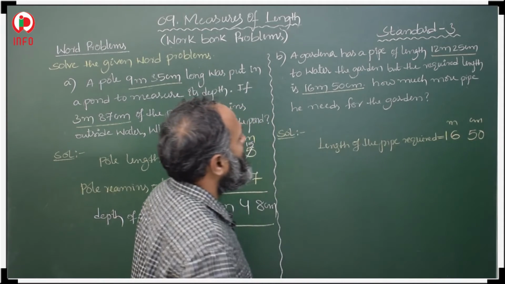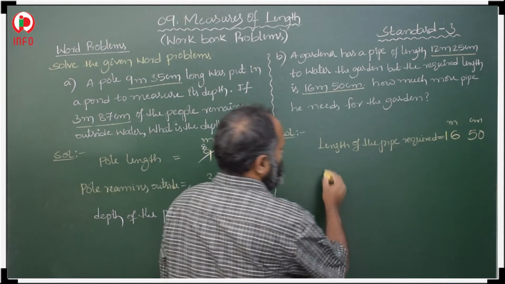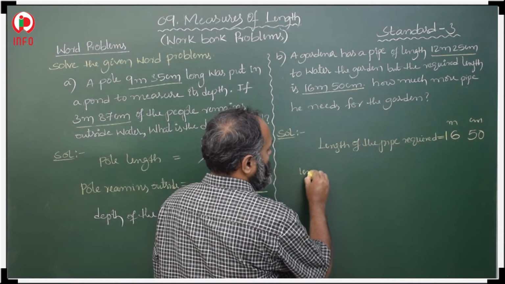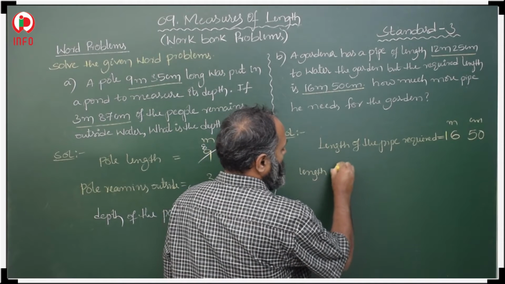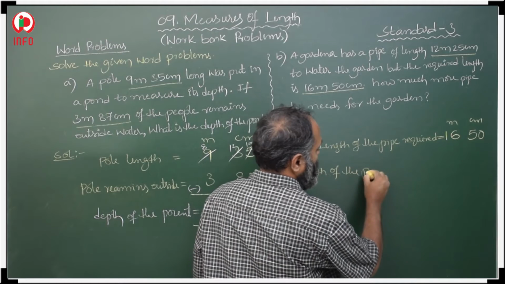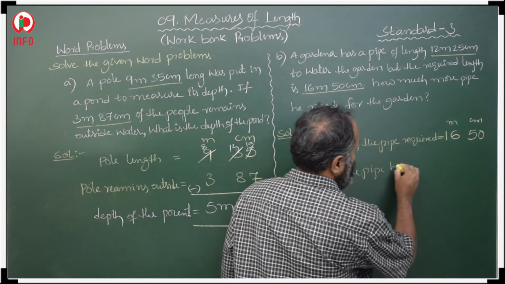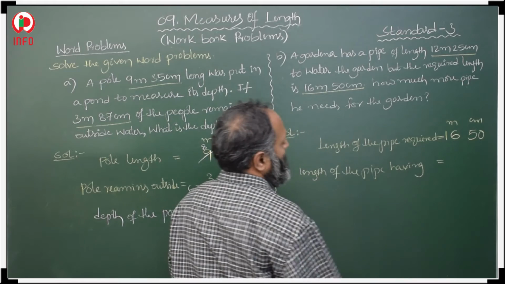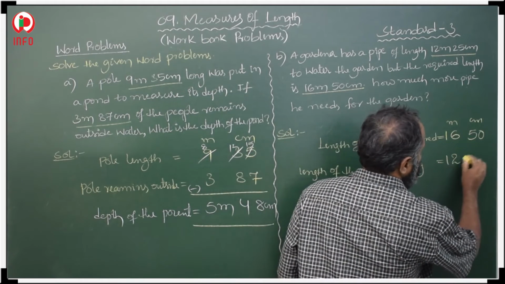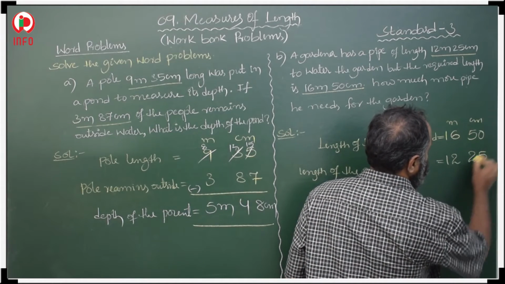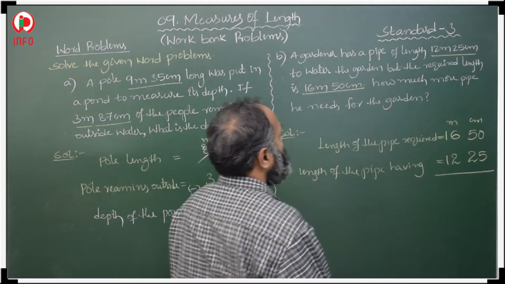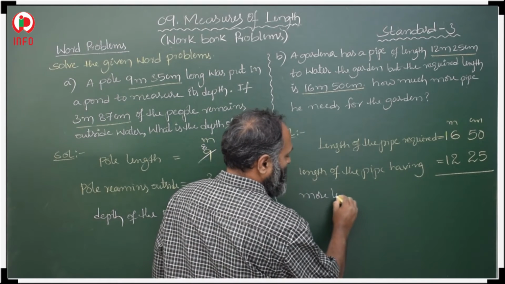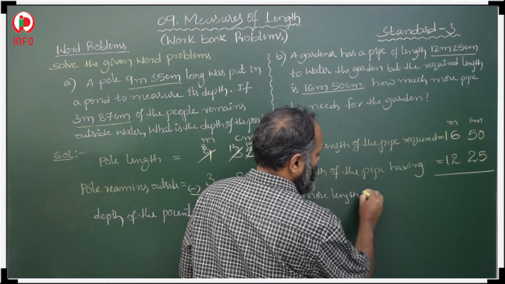Then length of the pipe having. How much length of pipe are we having? 12 meters 25 centimeters. Then, more length of the pipe needed.